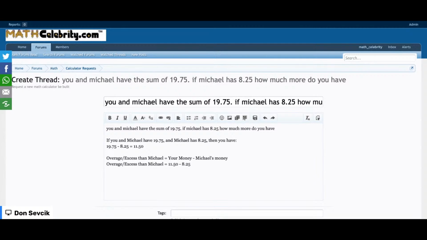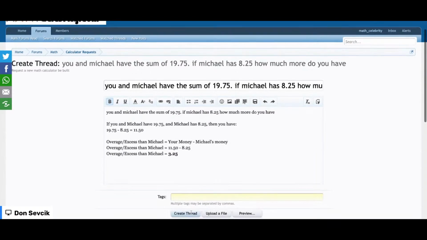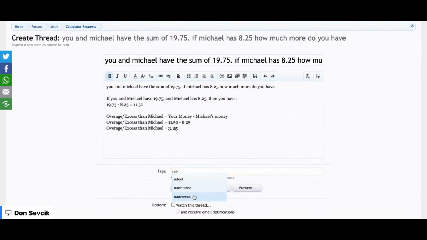Doing some quick math here. Very good. Okay. And then overage equals 325. So the answer is 325. You have $3.25 more than Michael. So we're going to do subtraction, and then get an equation in there too. So that is that one.